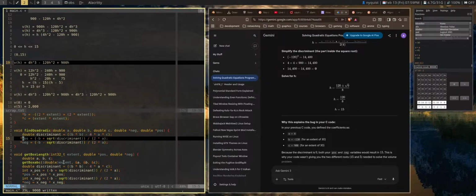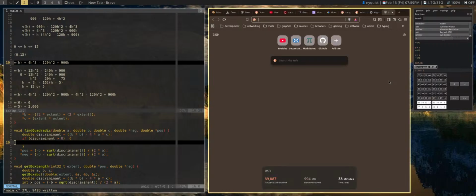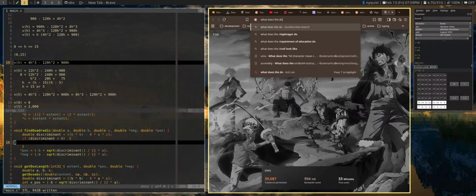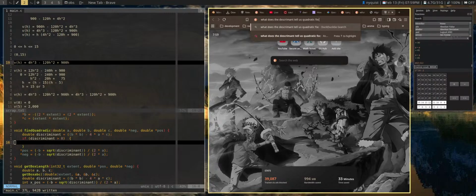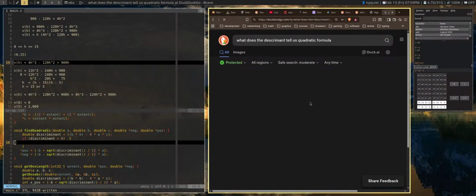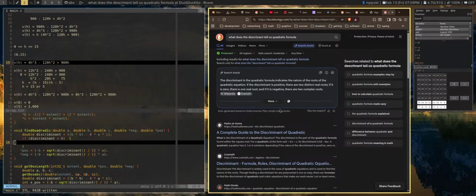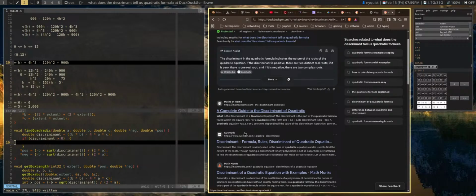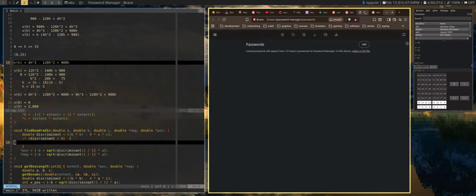I forgot. If it's greater, what does the quadratic formula tell us? What is the secret formula? If it's greater than 0, you know what? Screw you.